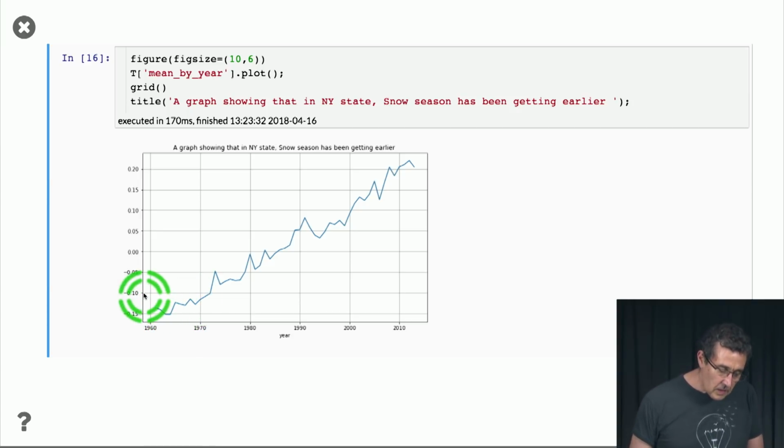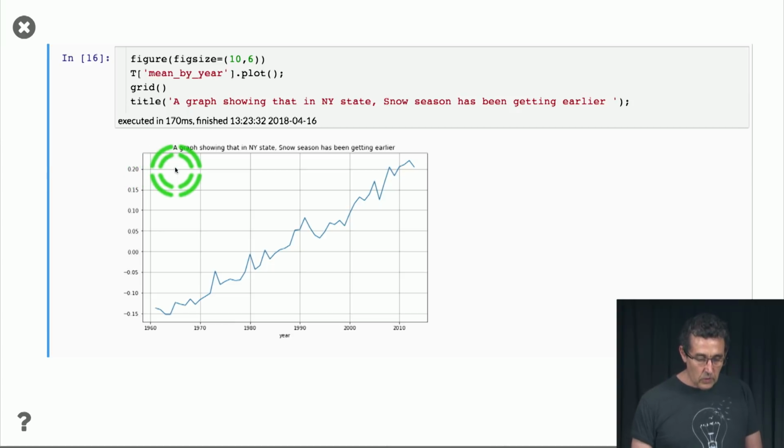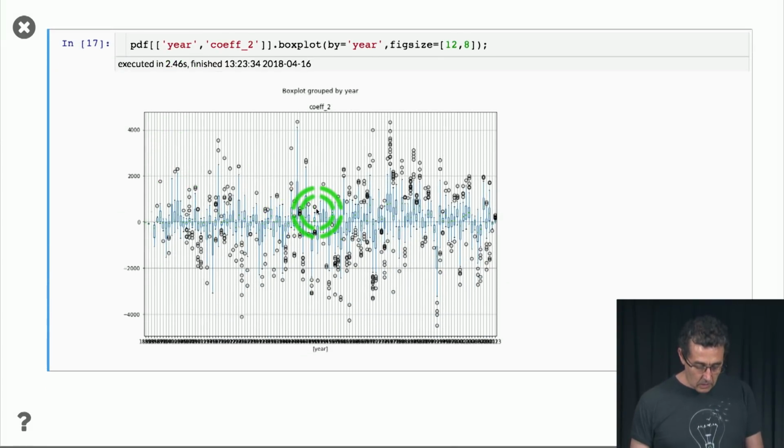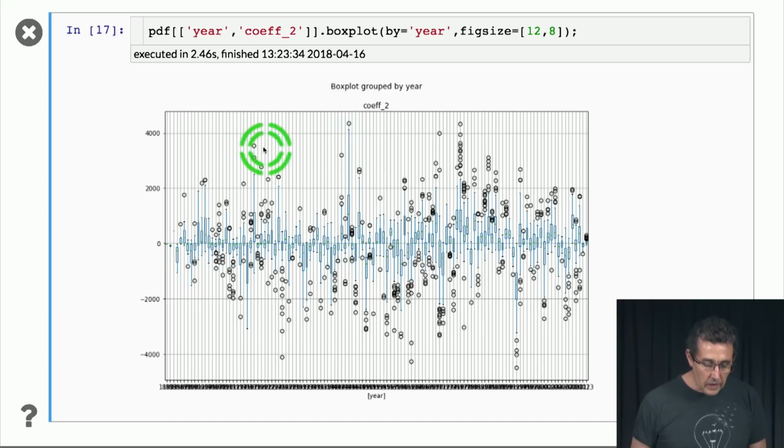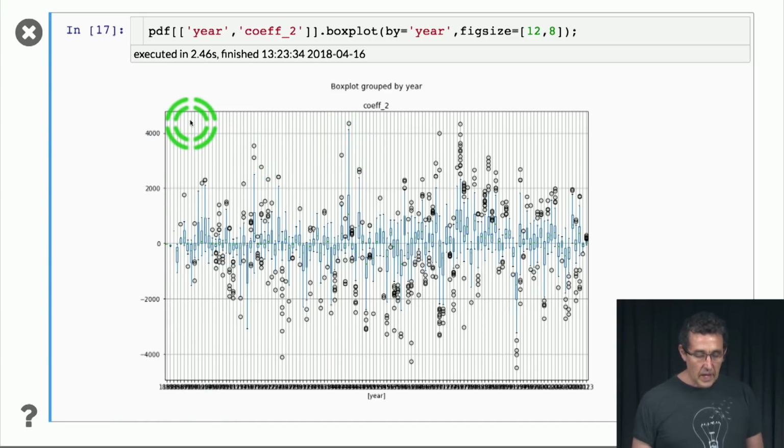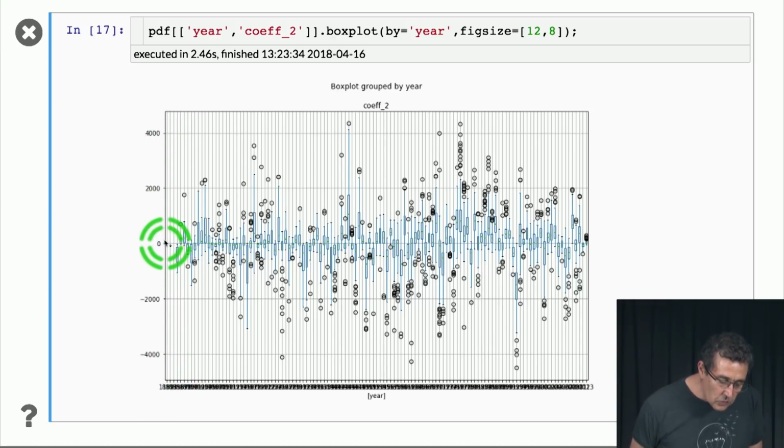Okay, but notice that the range here is pretty small, right? So it's minus 0.15 to 0.2. Now, if I look at the box plot for the same years, just looking without subtracting anything, the main thing that I want to point out is that the range of values is between minus 4,000 and 4,000. So the whole range we're talking about here in terms of trend is a tiny, tiny, tiny trend around here.